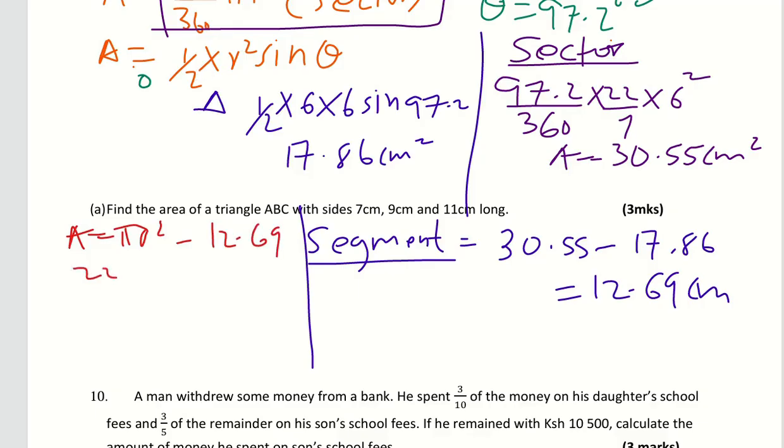So it will be 22 all over 7 times 6 squared, which gives us 113.14 centimeter squared. So we have 113.14 minus 12.69.